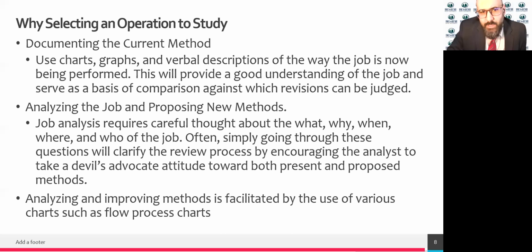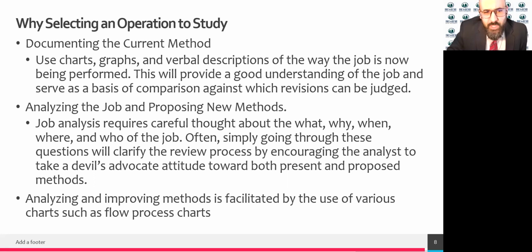And then, look into analyzing the job and proposing a new method. So based on what you've seen for the current method, based on the brainstorming, bottlenecks, quality issues, and other things, you need to propose a new method. And you need to look into things like what and why, when, where, and who of the job.